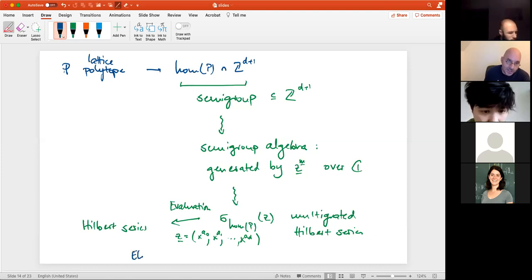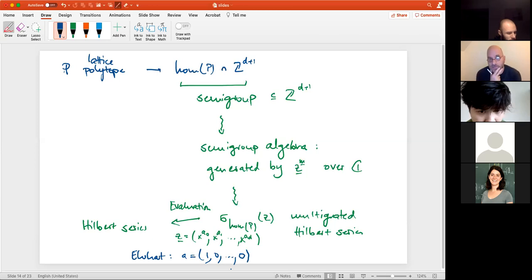And the Ehrhart case is the special case where my vector a is (1, 0, 0, 0). It's not the only interesting case for a single variable grading, but it's the one that I'm interested in when I want to do this Ehrhart stuff.